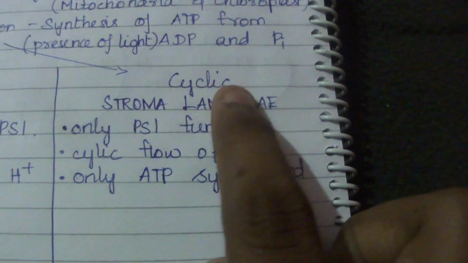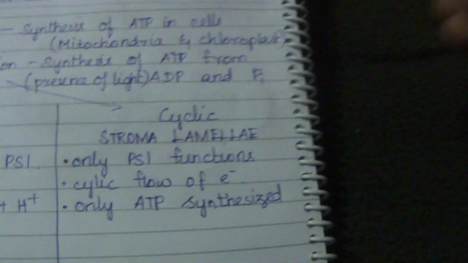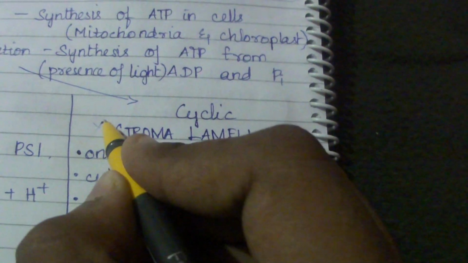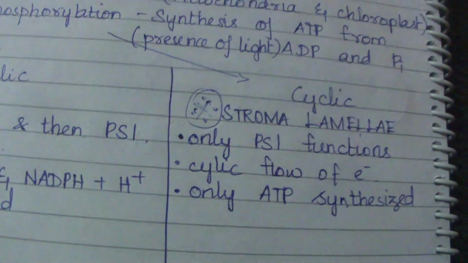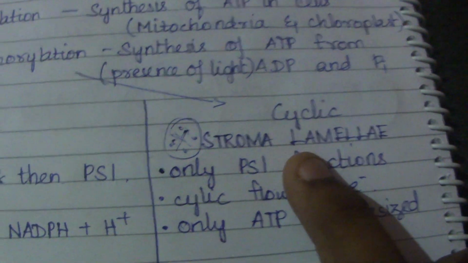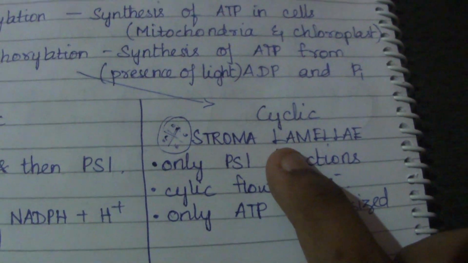photophosphorylation? Cyclic photophosphorylation occurs in the stroma lamellae. This is very important, in the stroma lamellae membranes. Remember what stroma lamellae is? Stroma lamellae is given here. The connections between the grana are known as stroma lamellae. The membranes of stroma lamellae do not have PS2, that is, they do not possess photosystem 2.